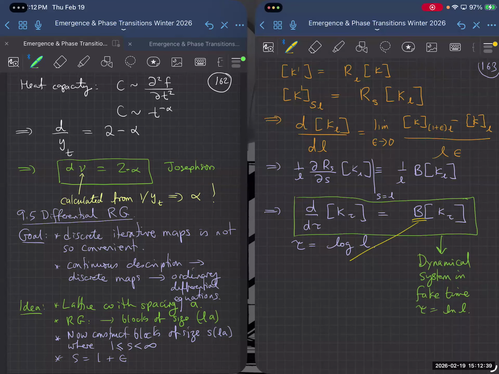This is basically known as the beta function, and it tells you how coupling constants change continually with scale.